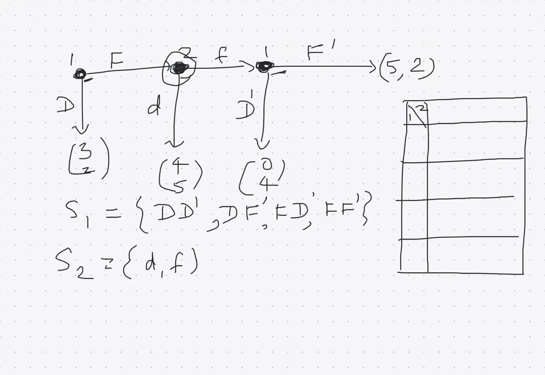So player 1 has 4 strategies: D, D prime, D, F prime, F, D prime, and F, F prime. And player 2 has 2 strategies: move down or move forward.